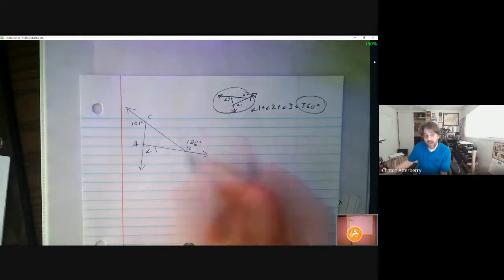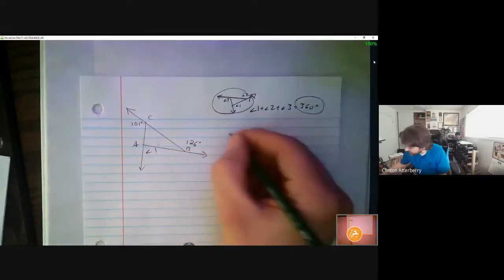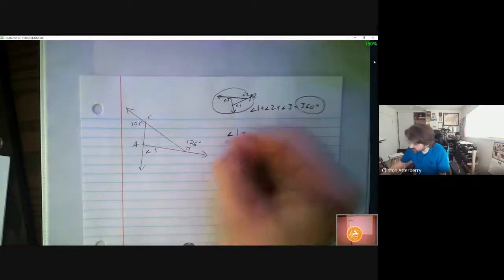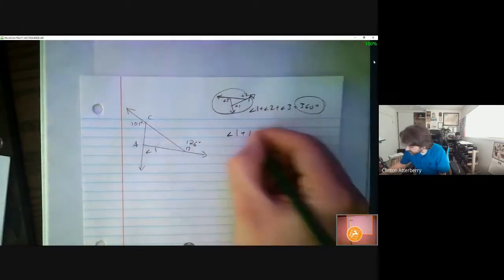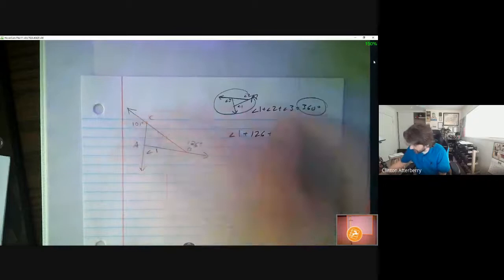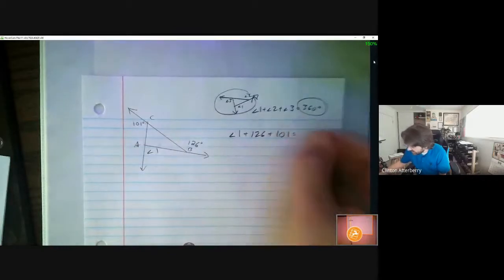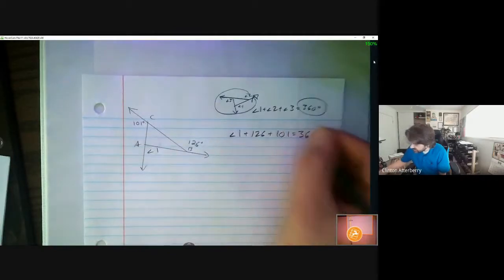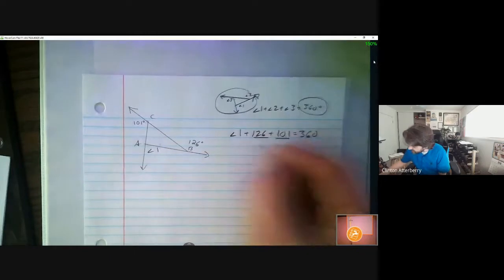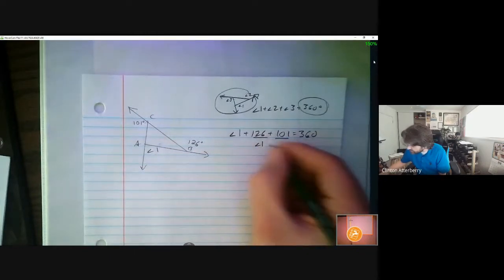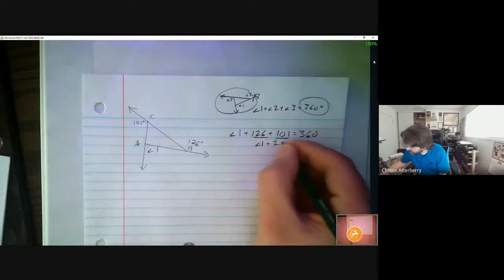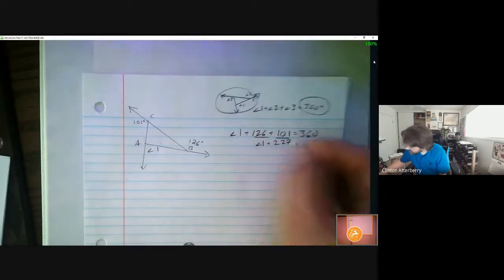So if I know that, I can say angle 1 plus, let's say 126, plus, let's say 101, that's going to add up to 360. I'm going to combine these like terms: 126 plus 101 is 227, and that still equals 360.